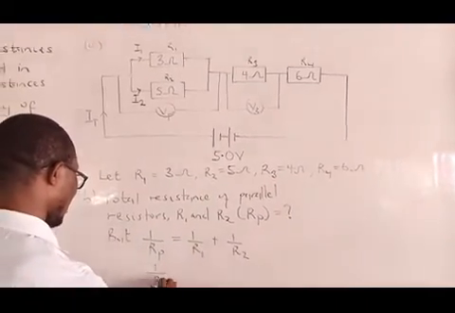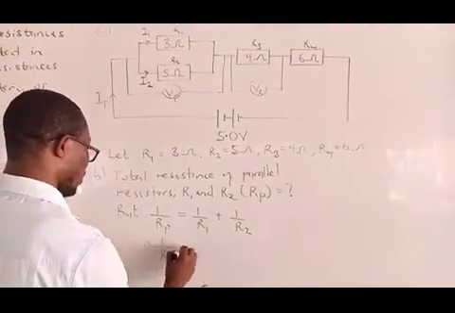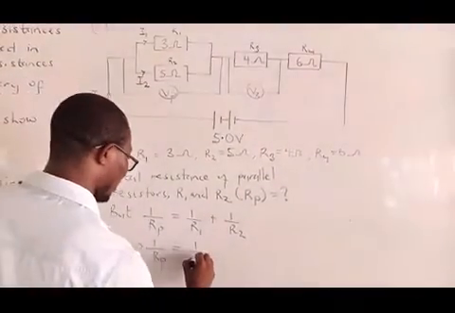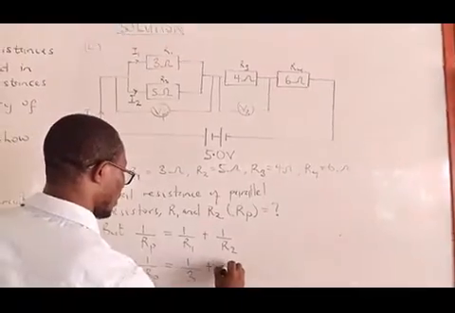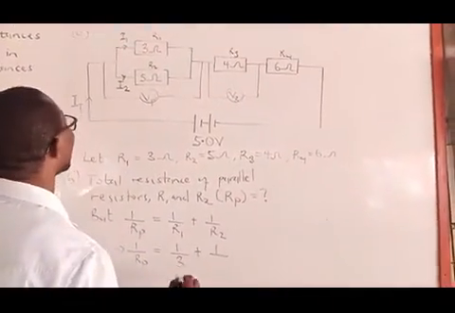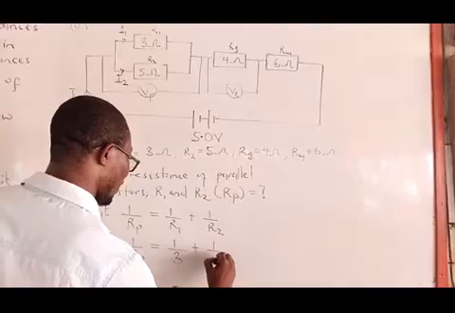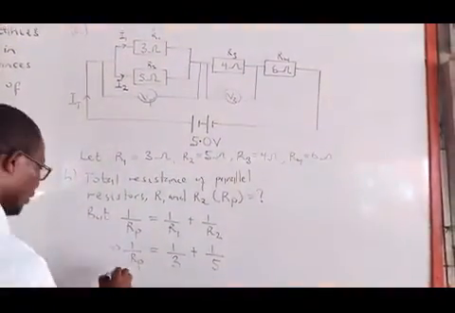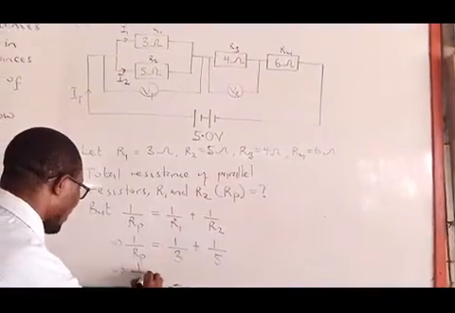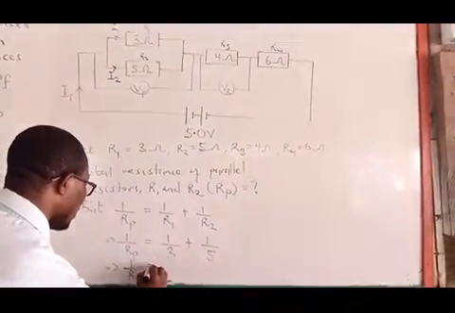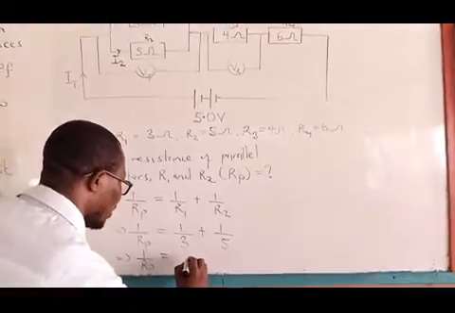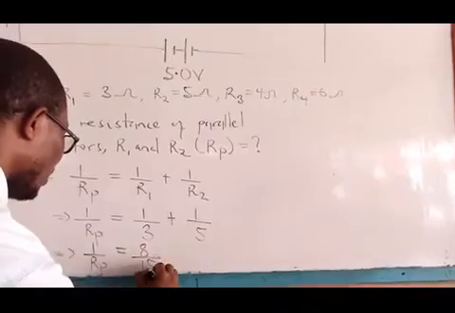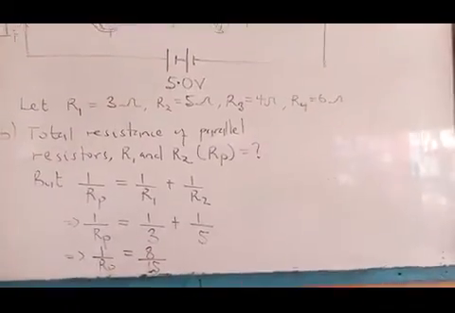So 1 over RP will be equal to 1 over R1, which is 3, and then R2 is 5. Then we have 1 over Rp to be equal to 8 over 15.